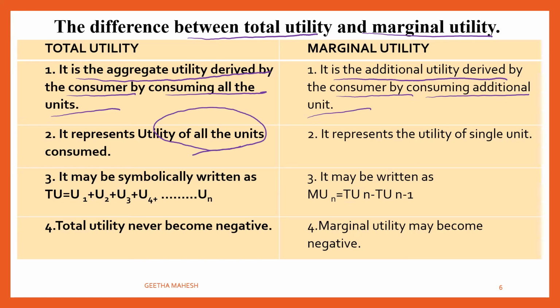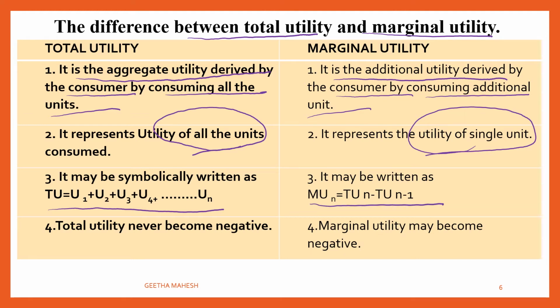Marginal utility represents the utility derived from a single unit. So symbolically you can express TU equals U1 plus U2 plus U3 plus U4 and so on. The formula for marginal utility is MUn equals TUn minus TUn minus 1. Total utility will never become negative, but marginal utility may become negative.